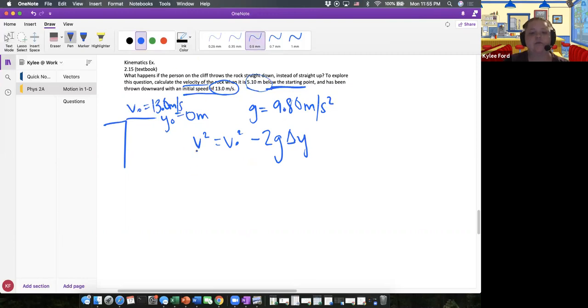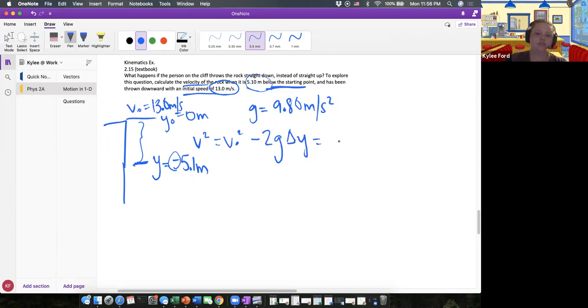All right. We're looking at our rock when it is 5.1 meters below the starting point. Again, our starting point is 0 here, and we're looking at it when it hits about there at y equals 5.1 meters. Remember that we will need to insert this as negative because it's below our starting position, 0.